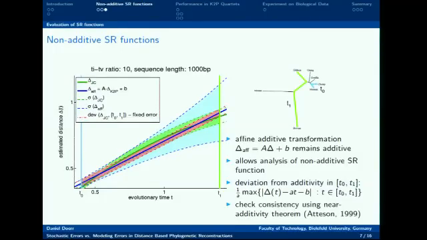So this led to a concept which we call deviation from additivity. We can measure the deviation of our inconsistent distance function in the interval of reconstruction, and we can use this measure for two different things.